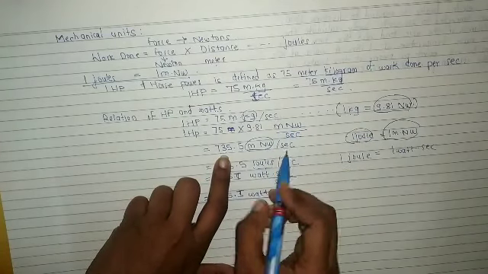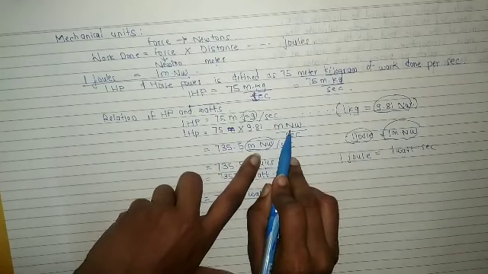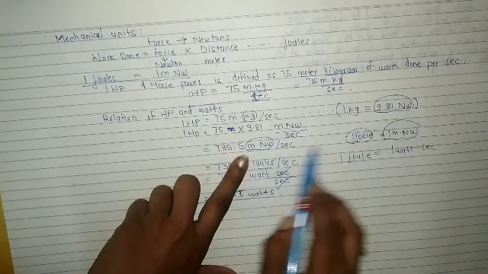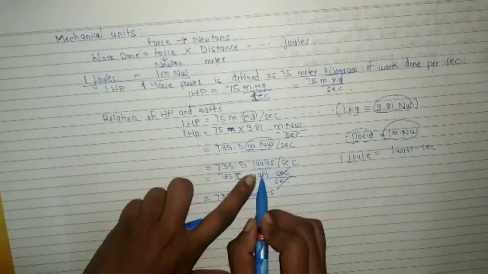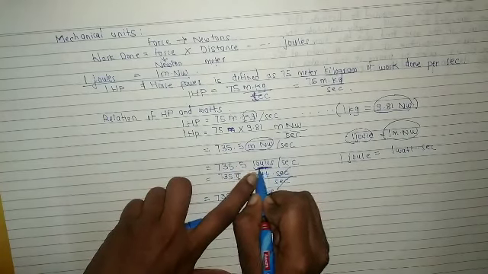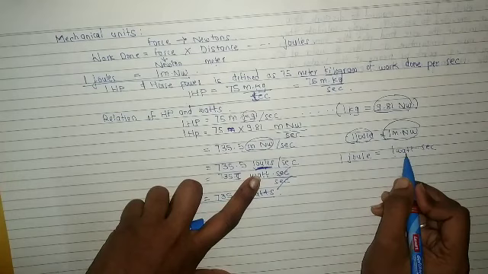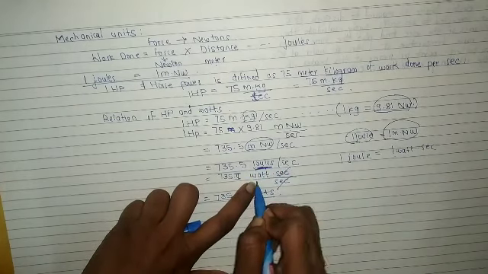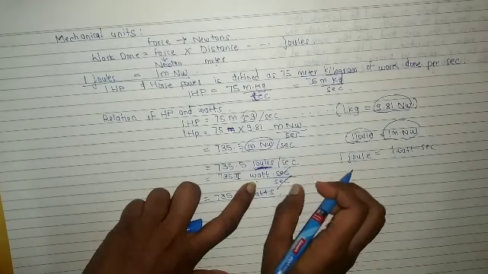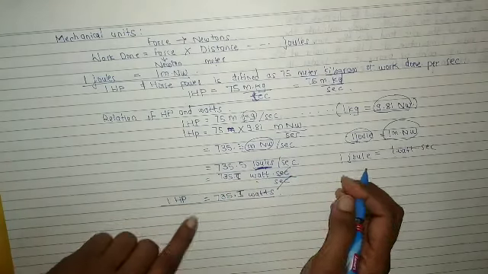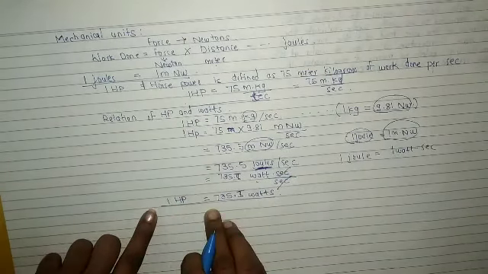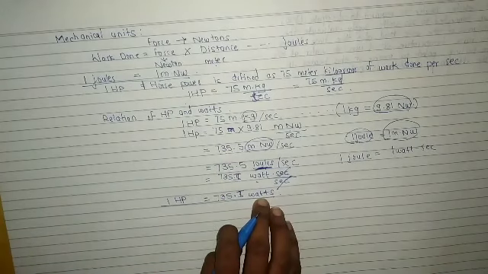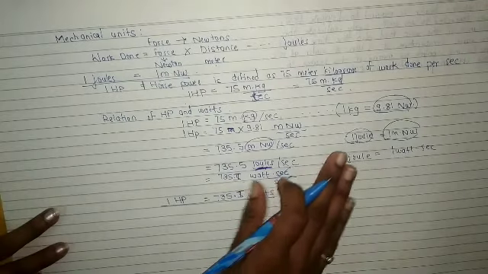Now 1 Newton meter is equal to 1 joule, so instead of this Newton meter, we substituted joules. 1 joule is also equal to 1 watt into second, so instead we have written watt into second. So this second and this second got cancelled, and now our formula is 1 HP is equal to 735.5 watts. Okay, now this is the relation.